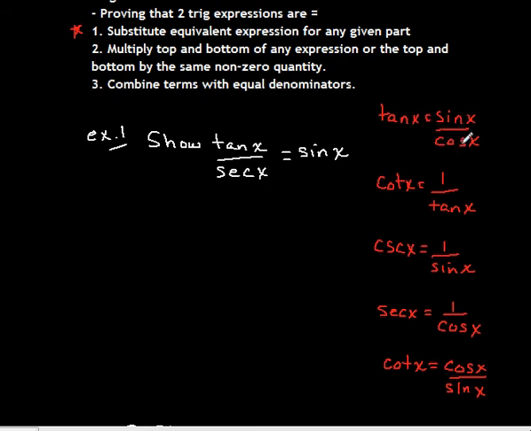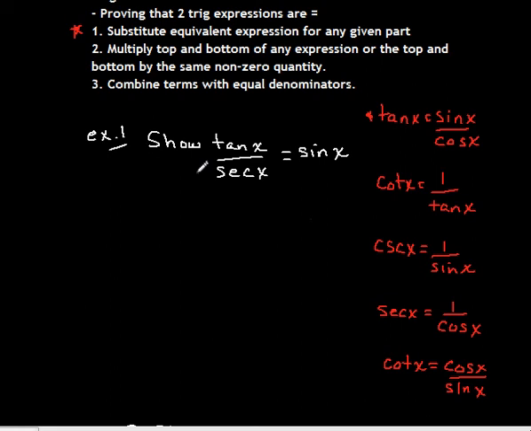Cotangent is the same as 1 over tangent of x. Cosecant x is the same as 1 over sine of x. Secant of x is equal to 1 over cosine of x. And cotangent of x is just the flip version of this one. So, with those in mind, we're going to try these problems. I think you're going to like them.